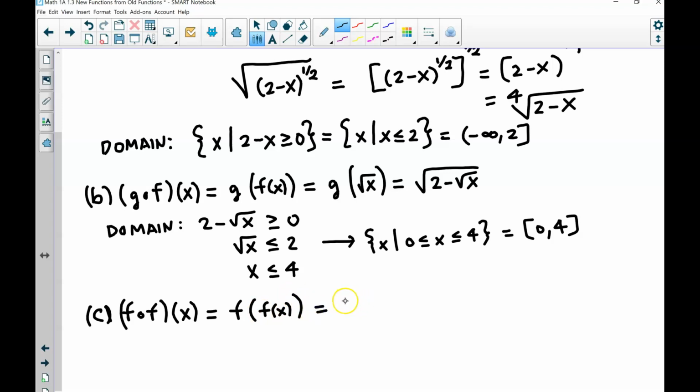So the input is the square root of x, and that is the input of the function square root of x. And if you recall from the first part, in part A, this would then become the fourth root of x.